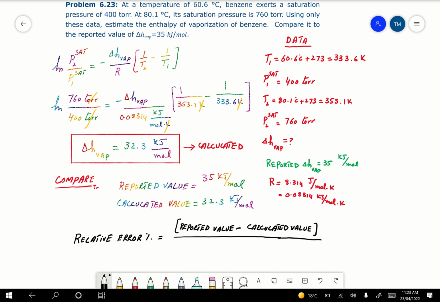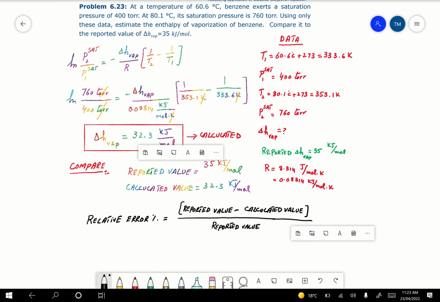Let me double check. That's right. So basically it's divided by reported value as well.